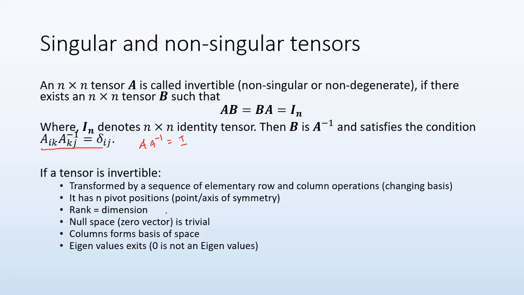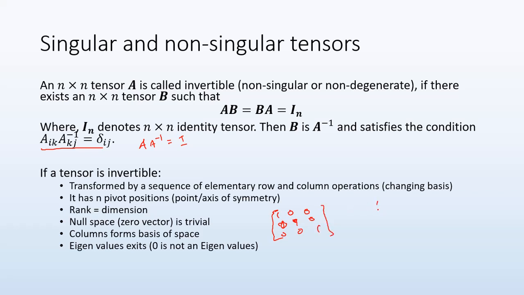Also, if your tensor is non-singular, its rank will be equal to its dimension. Its null space, the zero vector, exists. Its columns form the basis. For example, the identity tensor is non-singular, and it can be written as 1, 0, 0; 0, 1, 0; 0, 0, 1.